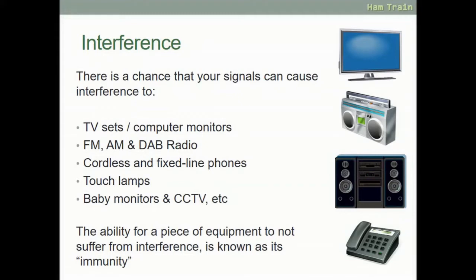The ability for a piece of equipment not to suffer from interference is known as its immunity. As this list says, there's quite a range of different electronic devices that can be affected by EMC or your ability to put signals out, and they can come from different sources as well.